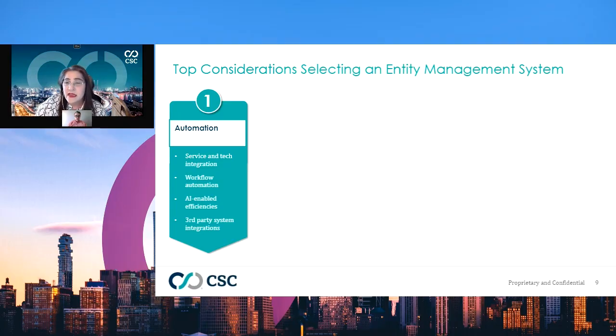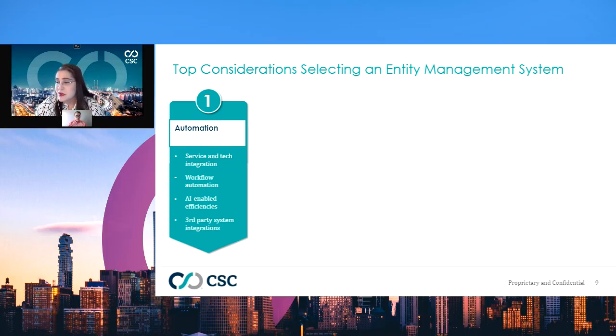Also getting into integrations, I started to talk about that briefly, but that's also crucial for automation because you might already be maintaining other types of systems outside of your entity management platform, things like tax or accounting or other types of databases. And why duplicate data inside of your entity management solution if you could easily just connect those two systems together and have that information shared back and forth between those systems.